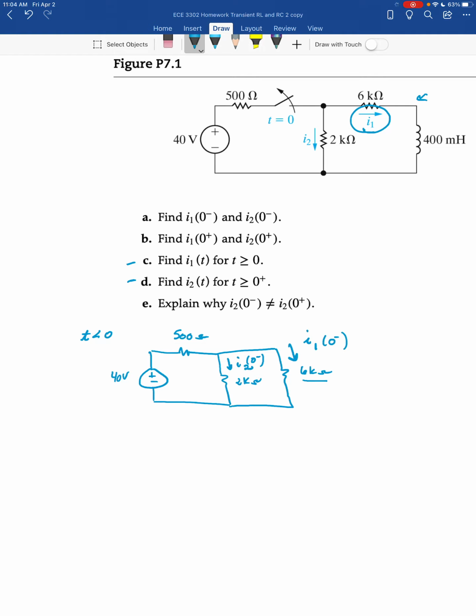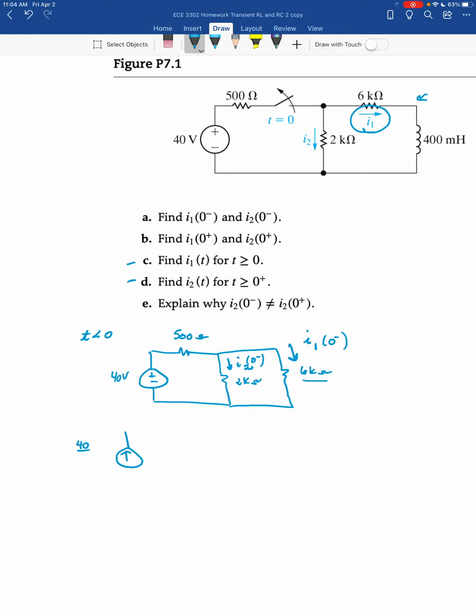There are a number of ways to do this. We could combine the 6 and the 2 in parallel, or we could do a source transformation on the 40 volt and the 500 ohms. I think I'll do that.